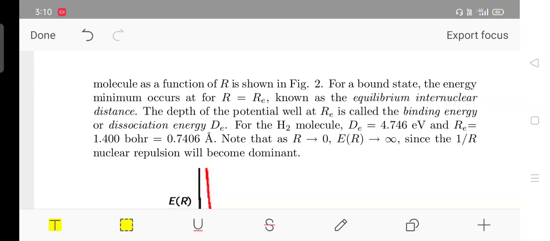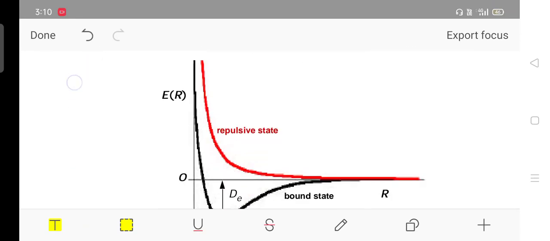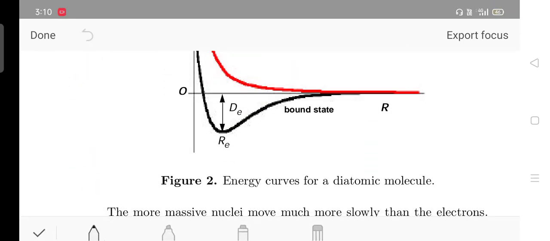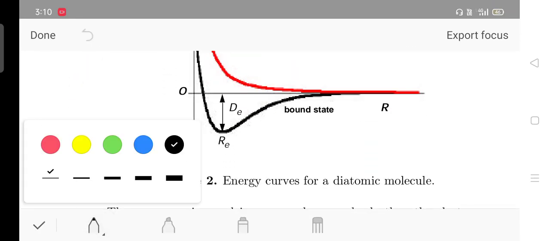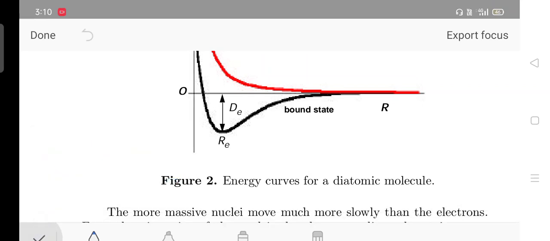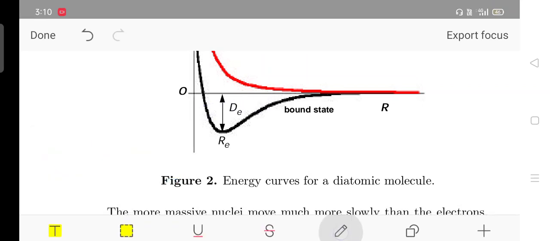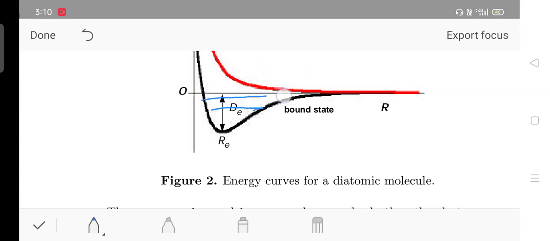For a bound state, the region is bound up to here.